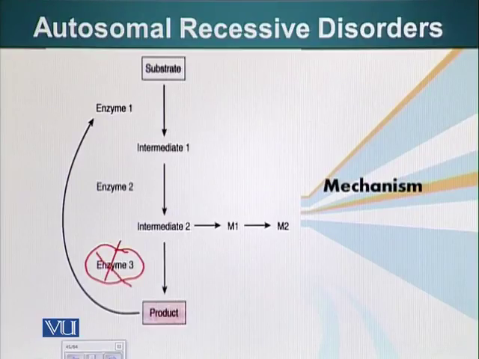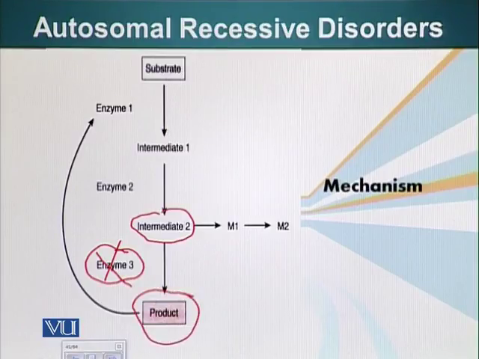Both alleles of enzyme 3 are defective, so it cannot convert intermediate 2 into the product. One way it will cause defect is that the product would probably be an essential protein required for the cell. So now cells don't have access to the product, and cells need this product to function normally. That would result in compromised cell activity or a disease.